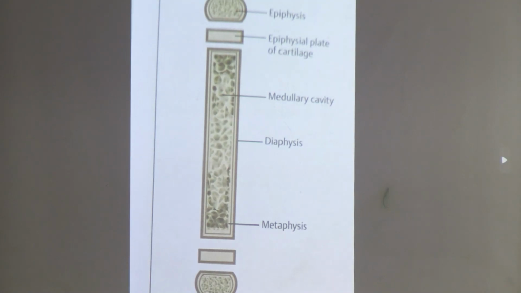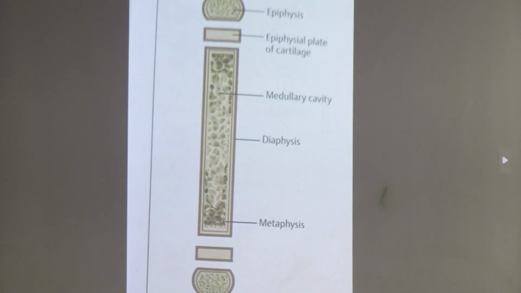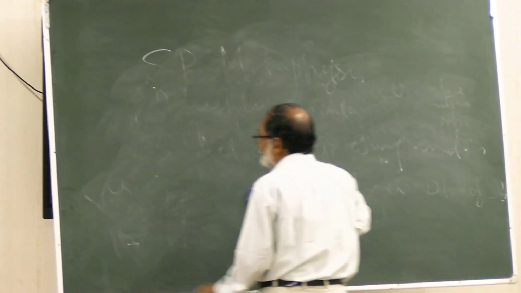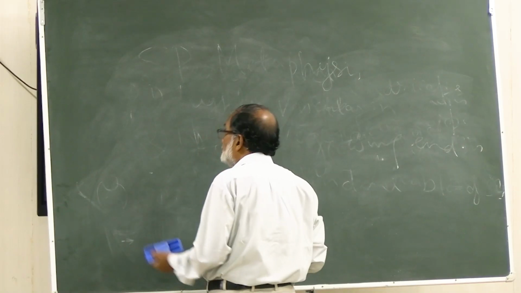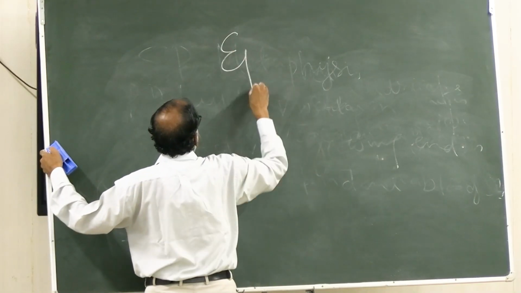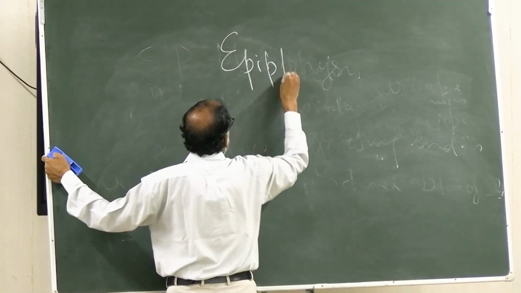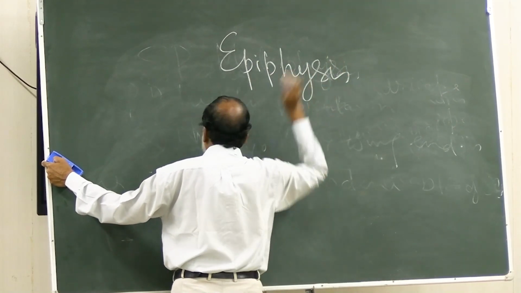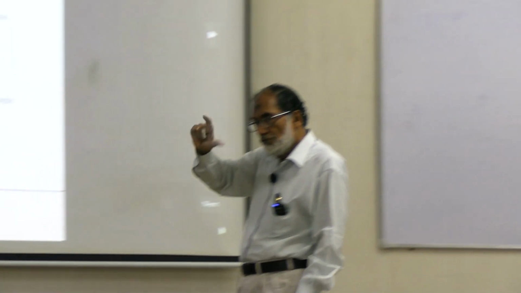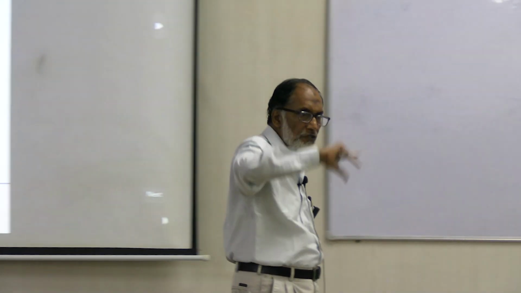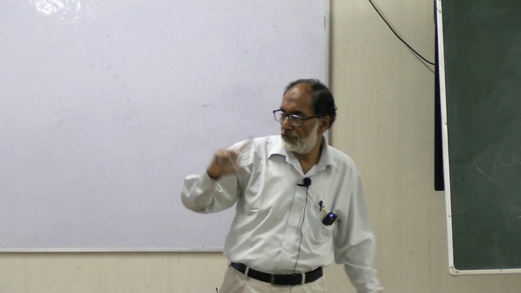Now come to the epiphysis. If you see a young, developing bone, you will find its two ends are cartilaginous in nature.